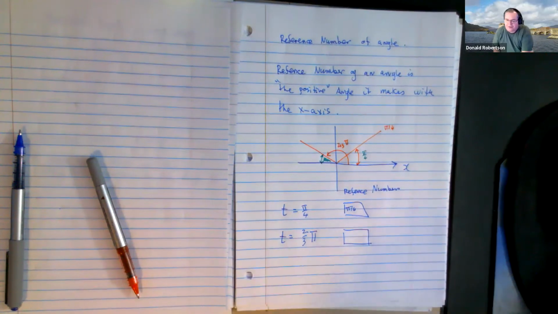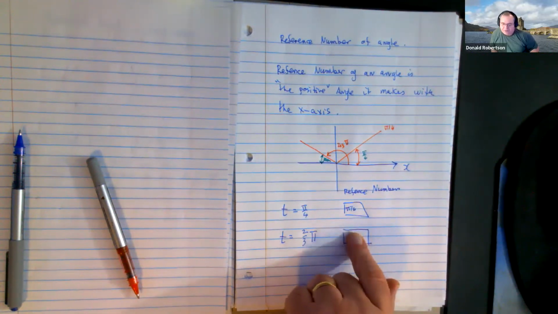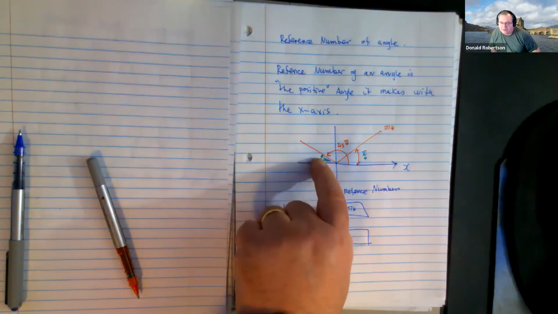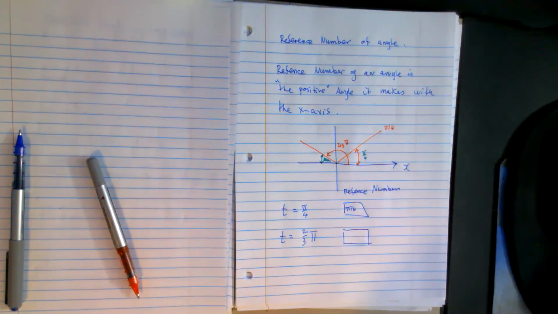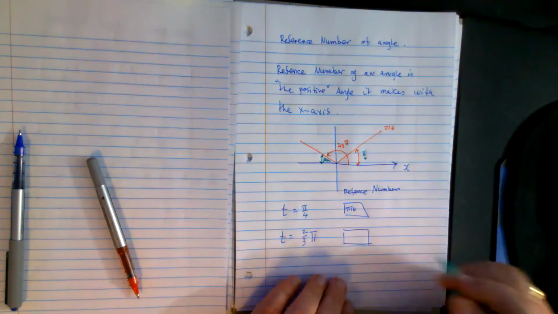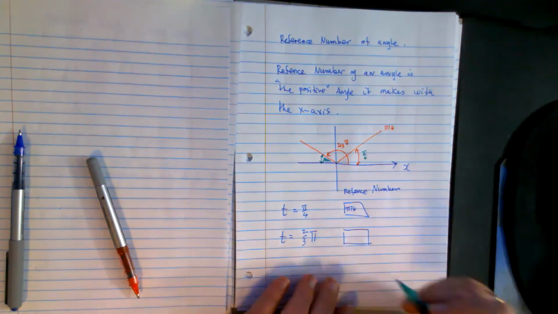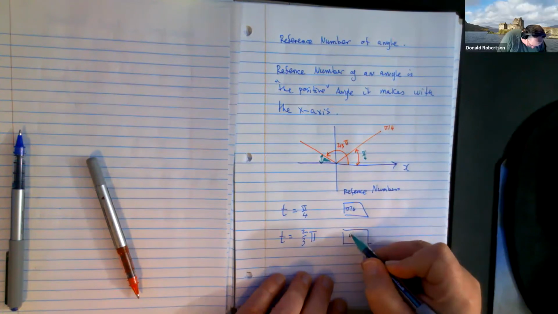It's the angle that the thing you've just drawn makes with the x-axis. So what angle is the reference number now? What's the size of that little piece here? Pi over 6. Nope, a bit close. Any others? Not pi upon 6, but it's close. Pi over 3.